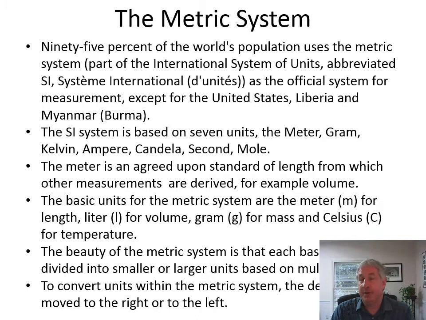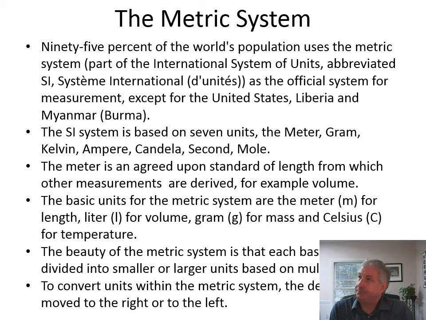The great part about the metric system is it's so much easier to use than the system that we use, because it's divided into larger or smaller units, and they're all divisible by 10. So it's all multiples of 10. So it makes it really easy. So you convert units within the metric system, all you do is just move the decimal point to the right, or left.